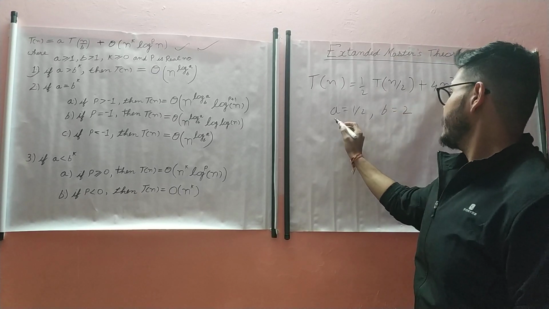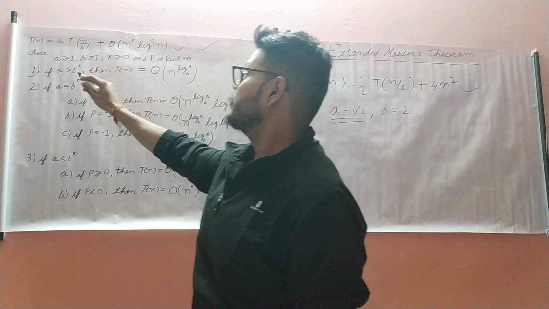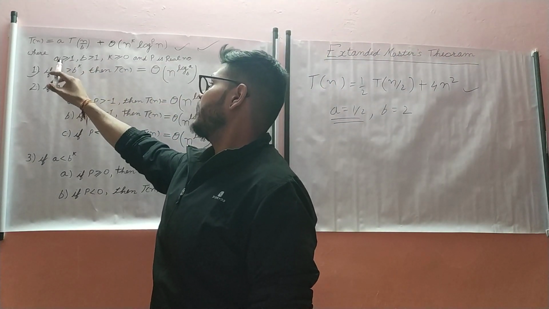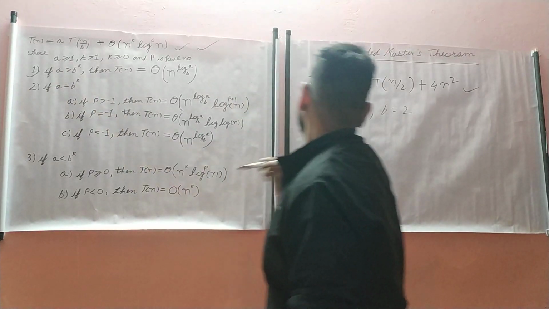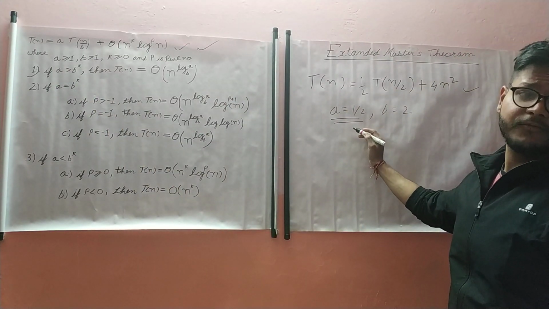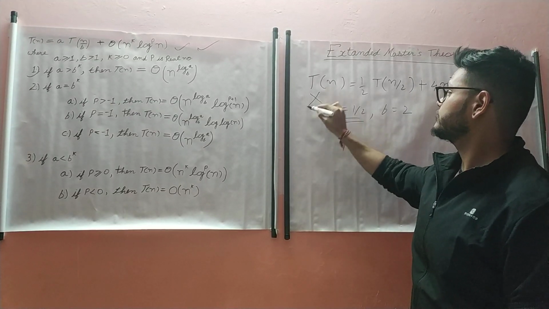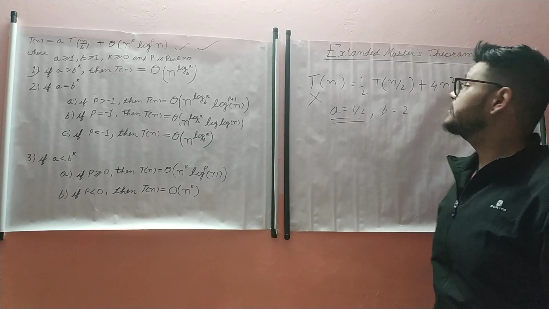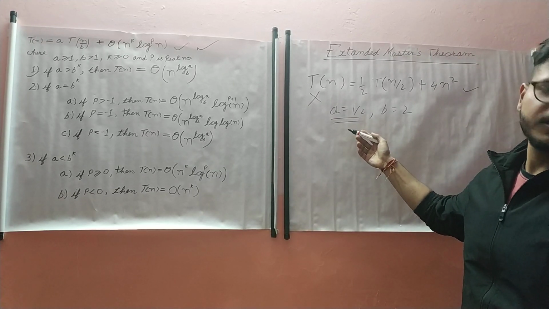See guys, a is 1/2, but for applying Master's theorem the value of a should be more than or equal to 1, but here the value is less than 1. So Master's theorem can't be applied on this. This is a limitation of the extended Master's theorem or Master's theorem.